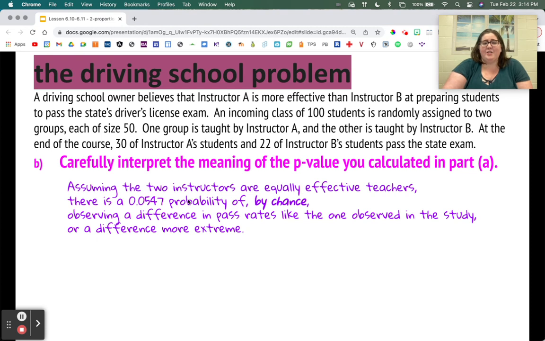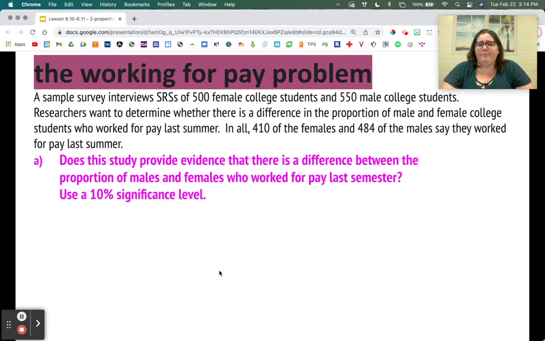And notice I didn't actually say what that difference was because that was a lot of numbers and it's going to make the sentence even more complicated than it already is. So I just said observing a difference like the one we saw or a difference even more extreme, meaning a difference that's even greater, even more different from each other. So 0.0547 probability of just by chance getting a difference like we saw in the study or a difference more extreme.